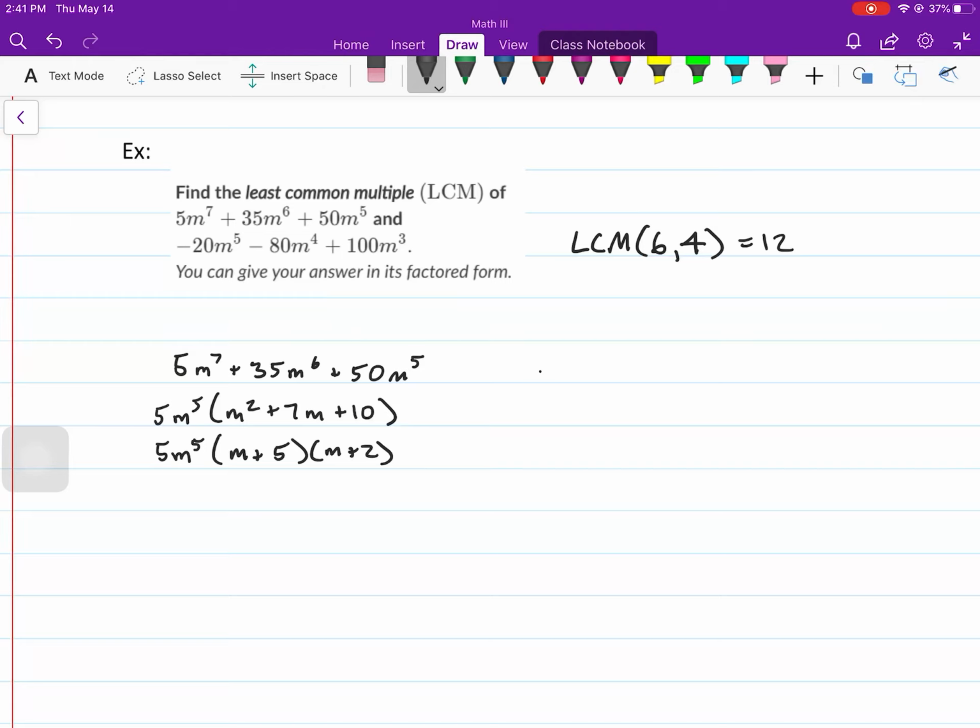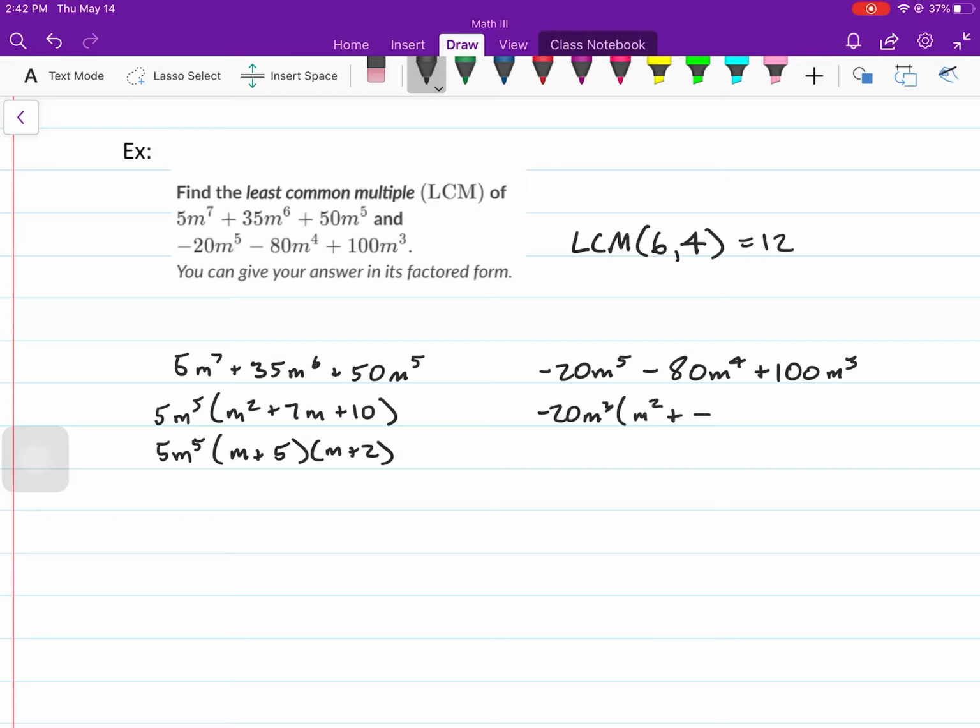Then over here we have negative 20m to the 5th minus 80m to the 4th plus 100m cubed. If I'm going to factor that down, I can take out a negative 20m to the 3rd from this, and that would give me m squared plus 4m minus 5. And we can further factor that to (m plus 5)(m minus 1).